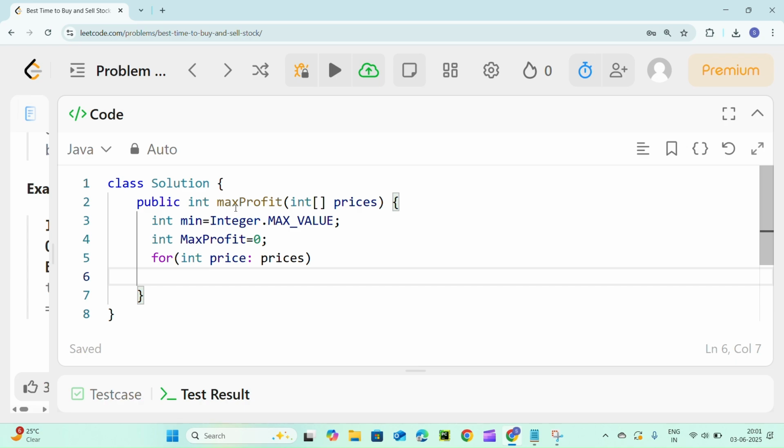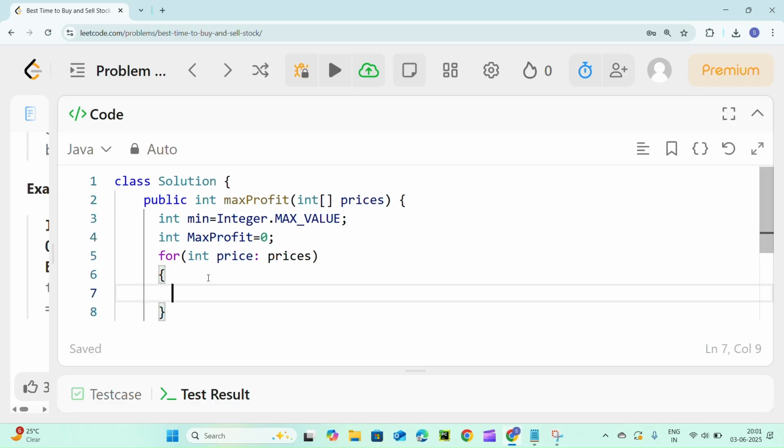Here, as you can see, prices is the array which they have given. Here price is an iterative variable. You can take any name. I am taking price, you can take value, max, min, x, y, z, anything you can take.